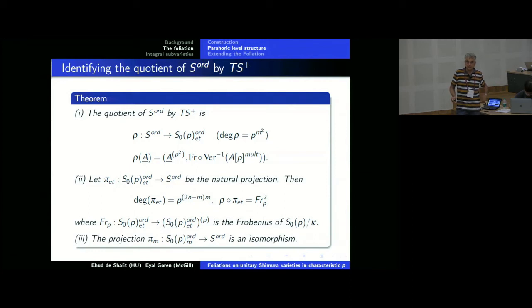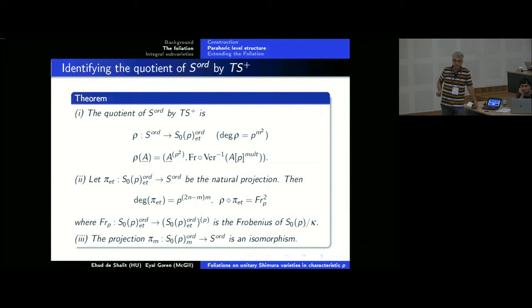So the theorem says that if you associate to this foliation that we constructed the quotient in the sense that I described at the beginning of the talk, then the quotient is just this part of the ordinary locus in the parahoric level Shimura variety. And you can write down functorially how you get it. Let's not get into it.